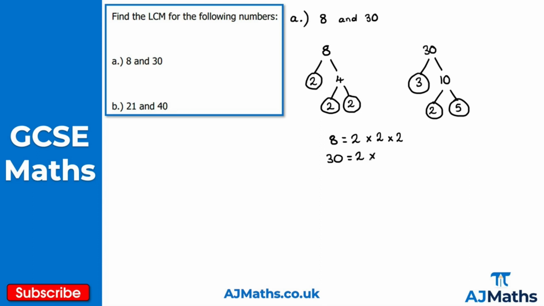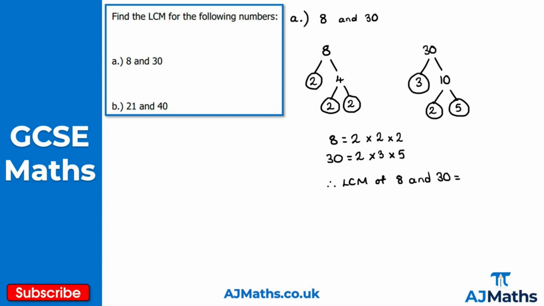So 2 times 3 times 5. So we've got the prime factors now. So remember, to find the lowest common multiple, the LCM of 8 and 30, well, like we said, we just multiply the prime factors together.